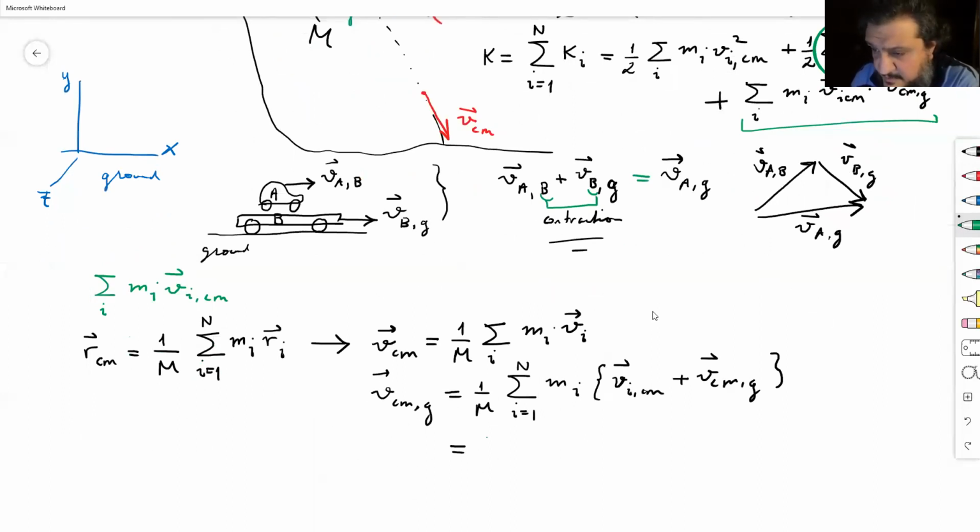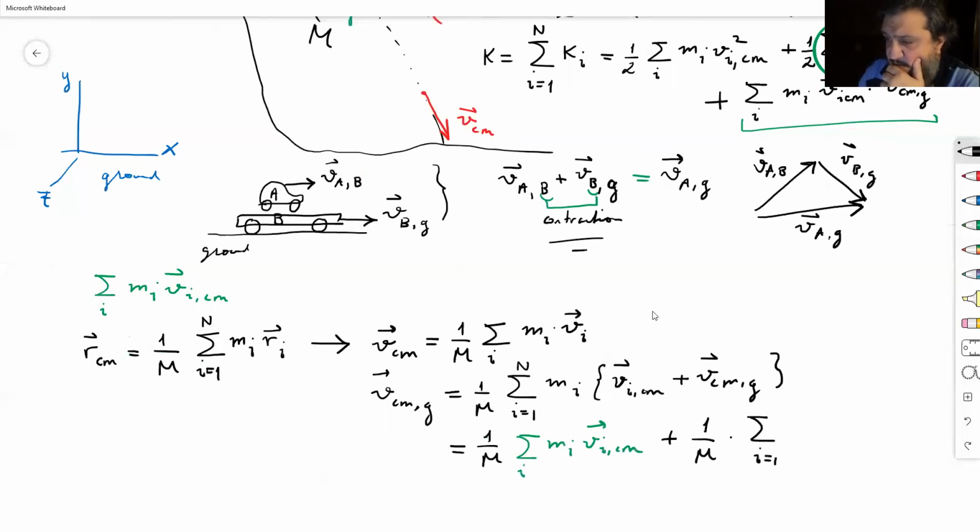We have summation i, m_i v_i,cm divided by m, plus now 1 over m times summation i from 1 to n, m_i times v_cm,g.